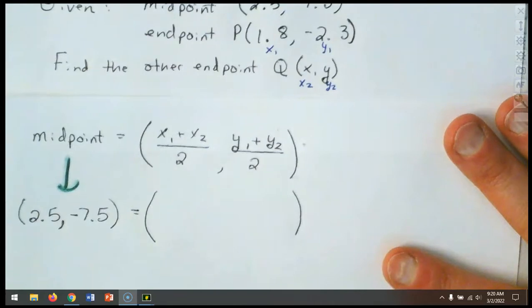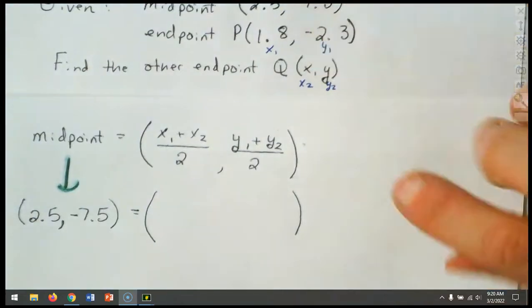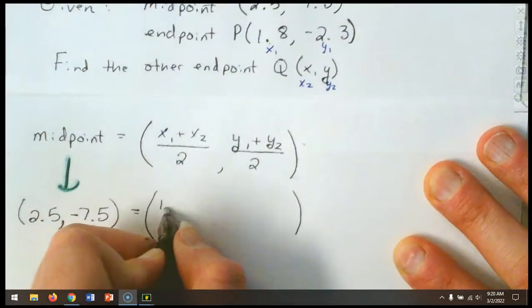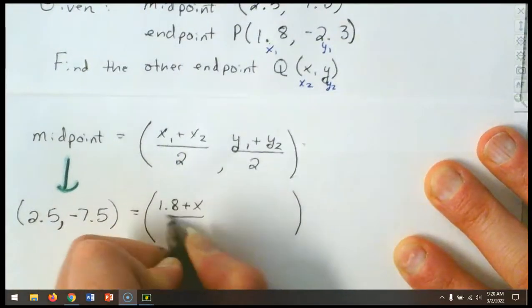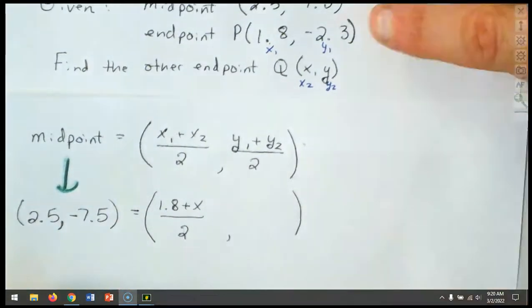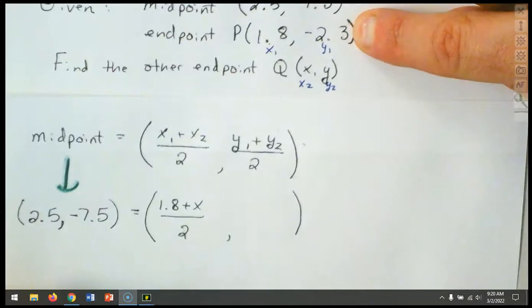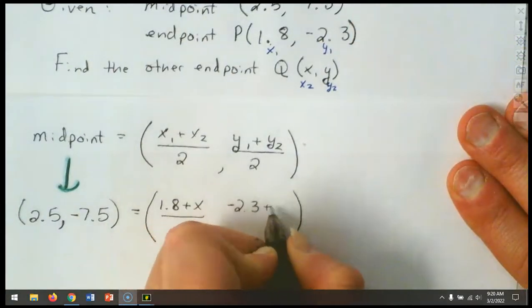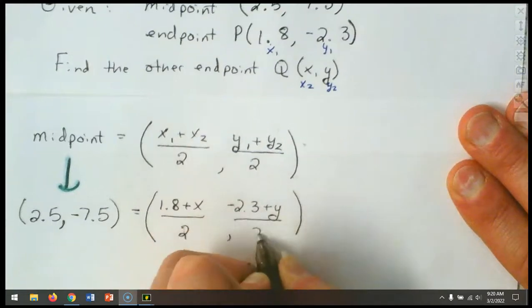So what's the other side going to be? Well, it's x1, which comes from the P. So that's 1.8 plus x over 2. And the y comes from the same ordered pair. And that's going to be a minus 2.3 plus y over 2.